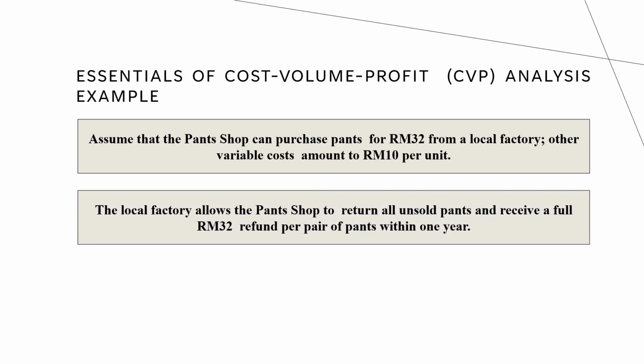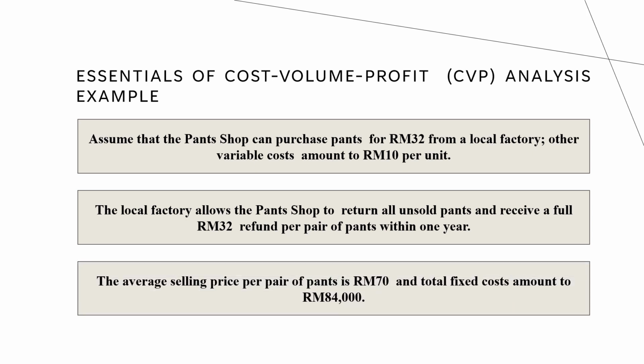The local factory allows the pants shop to return all unsold pants and receive a full 32 ringgit Malaysia refund per pair of pants within 1 year. The average selling price per pair of pants is 70 ringgit and total fixed cost amounts to 84,000 ringgit Malaysia. So this is the situation.